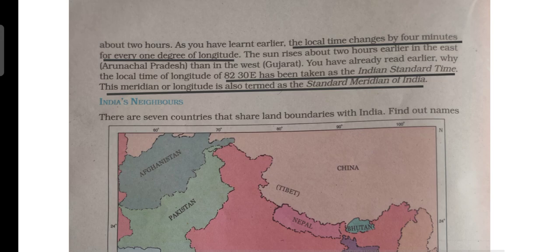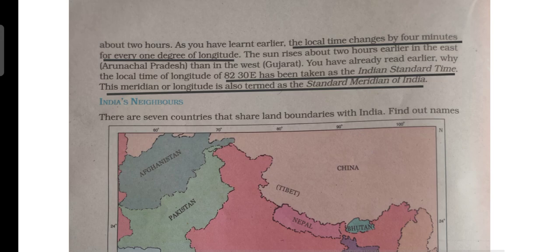So children, since India is a very big country and the longitudinal extent of India is about 29 degrees, this could lead to differences in the local time of places that are located at two extreme points of India. Now children, you must be wondering where this 29 degree came from.